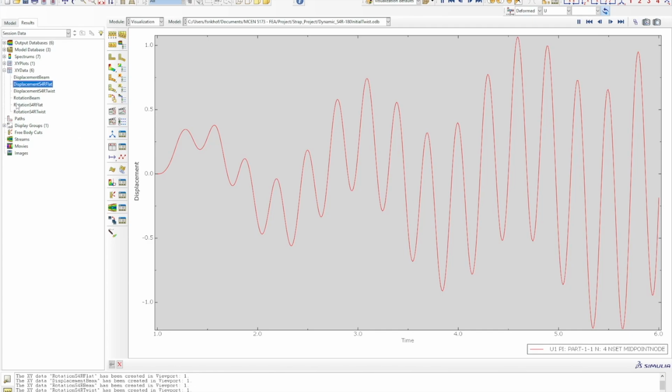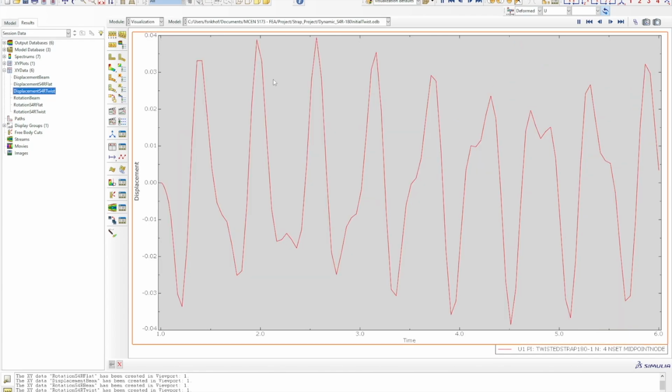Now, if we compare that to the displacement of the twisted model, we see that our max displacement goes from 1 all the way down to below 0.04. So it makes a significant difference in that displacement along the x-axis.